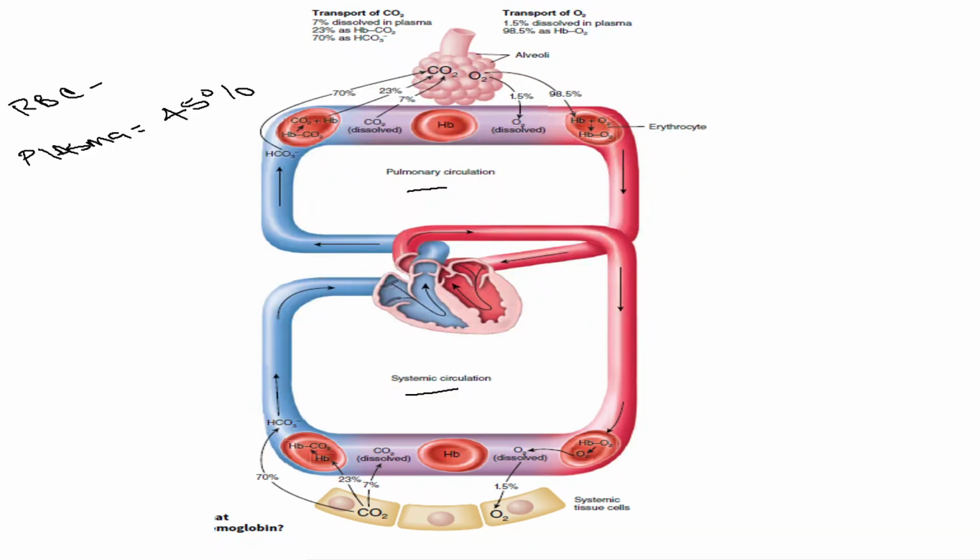The RBC's job is to deliver O2, but it does that with hemoglobin. The cool thing about hemoglobin is that after it drops off that O2, it picks up the CO2 and delivers it back up here to the alveoli. Once it gets up here, the hemoglobin releases CO2, and then we simply breathe out CO2. Plasma is mostly water.